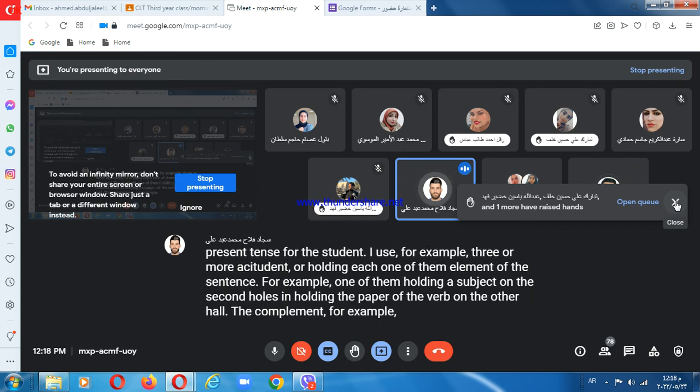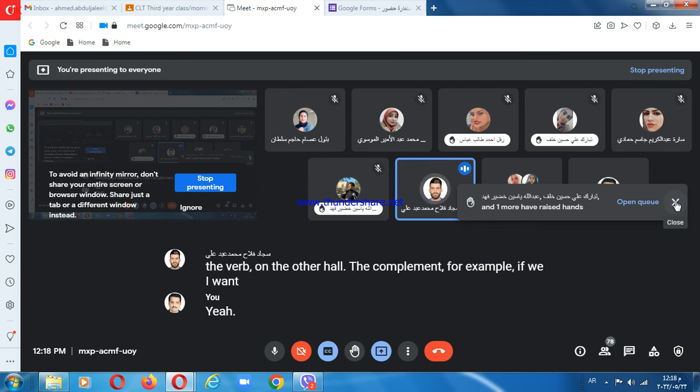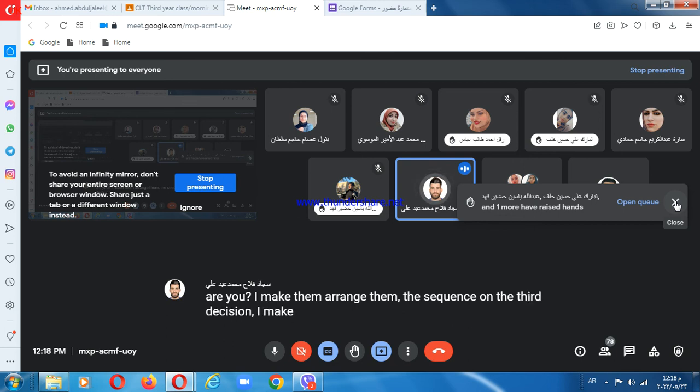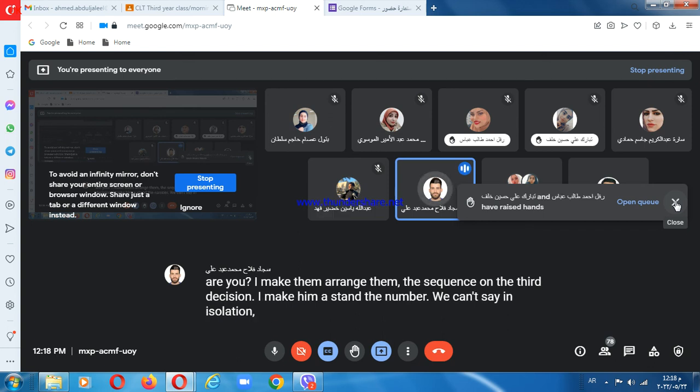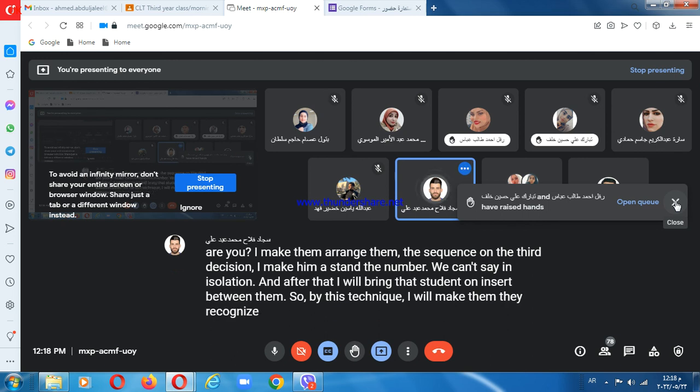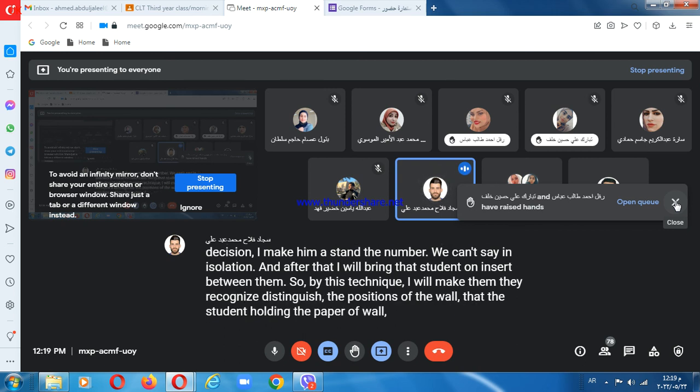If I want to teach them the future tense, I make them arrange themselves in sequence, and the third student I make stand in isolation, and after that I bring that student and insert him between them. So by this technique they recognize and distinguish the positions of will or shall.